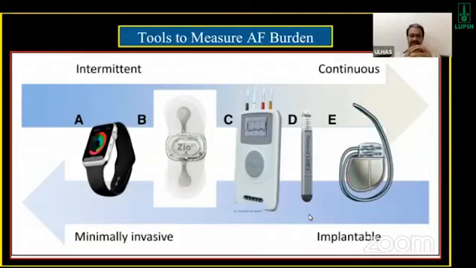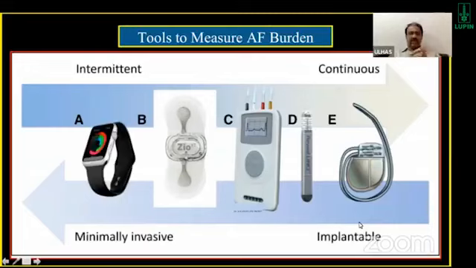But if that is there, then for some other purpose, use can be made regarding the burden. And for those patients who already have implantable devices with one atrial lead incorporated, the rhythm monitoring can be great. So you have minimally invasive to almost invasive kinds of devices.